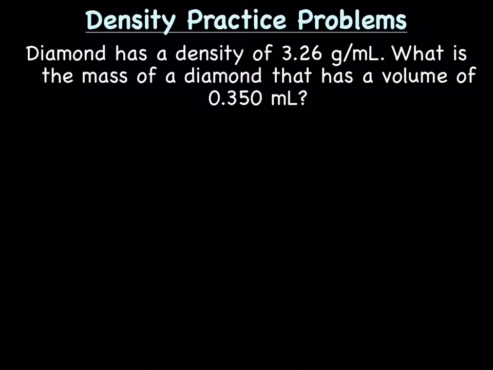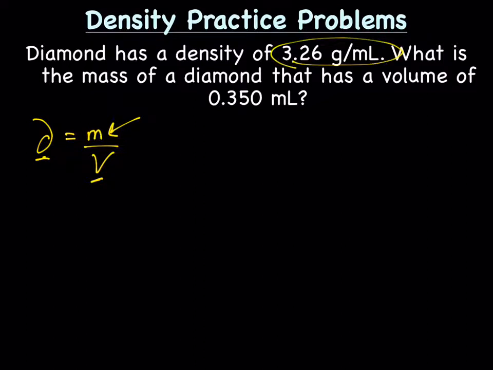All right, so we're going to use the same equation, which is density equals mass over volume. But this time, we know density and volume, and we're trying to calculate mass. Okay, so we'll start with our density here.